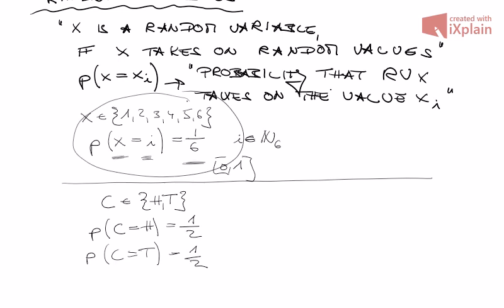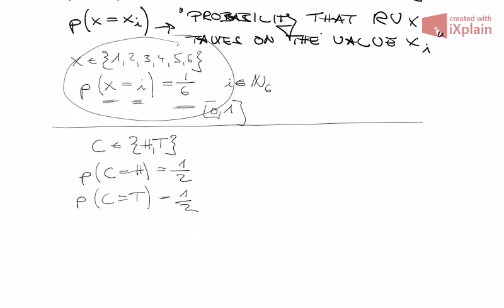But this just means that this is actually a good model of a die. And the same thing for the coin. If you throw a coin many times and look at how many times heads comes up and how many times tails comes up, it may turn out that it actually is roughly in 50% of the cases.